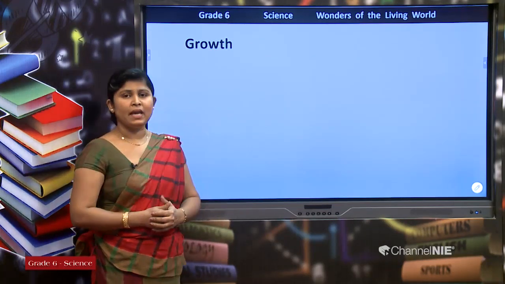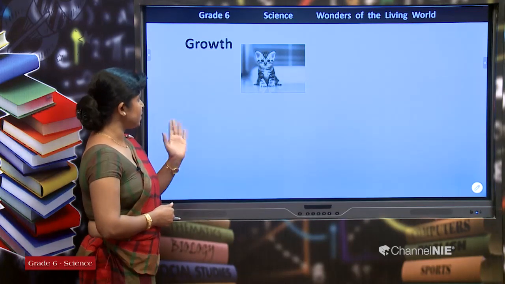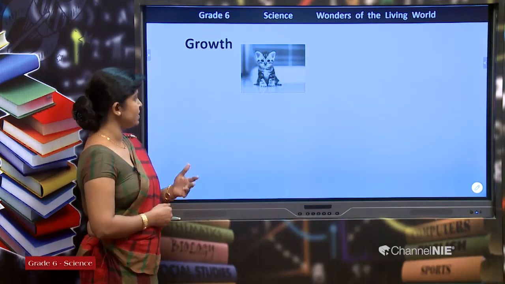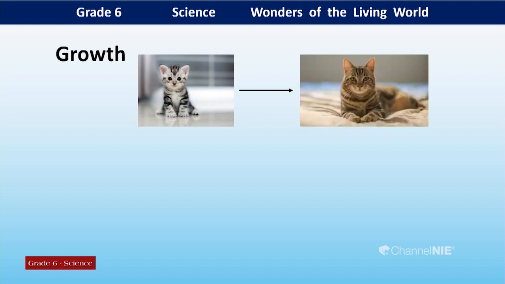Let us take the topic as growth. Before explaining about the growth, I have got some nice pictures to show you. We will see them first. A lovely animal. What is that? It is a kitten, right? Let's see what has happened to the kitten now. Yes, there is a kitten, a baby cat, and it has become a well-grown cat, right?